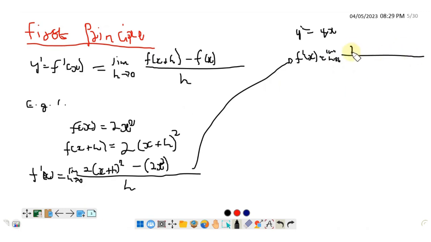It's going to be 2 into x squared plus 2xh plus h squared, minus x squared, over h. Okay, and I'll continue.